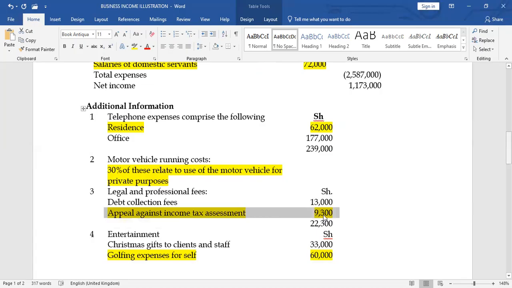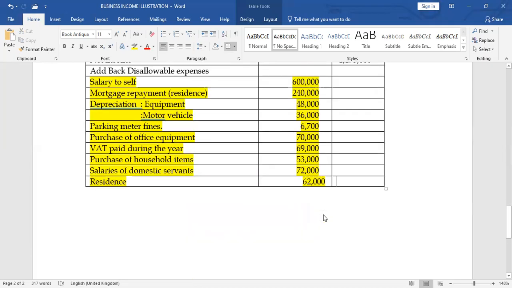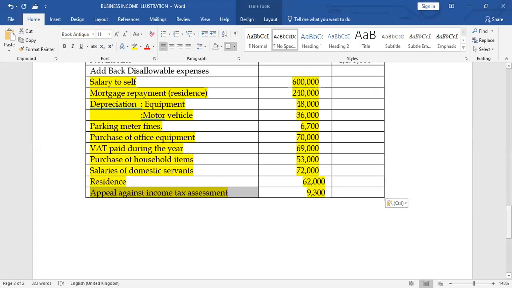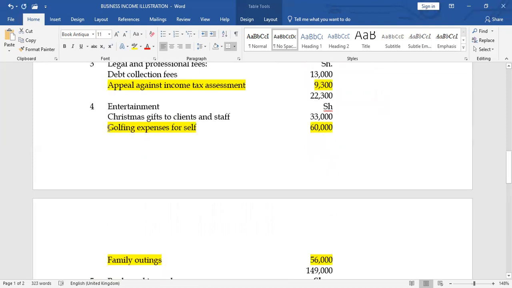Control C it. Come and paste it over there. Next one. Golf. Golfing expenses. Pick it like this.